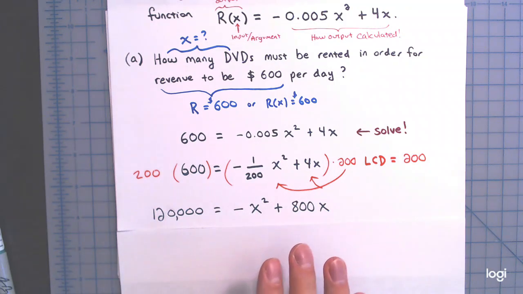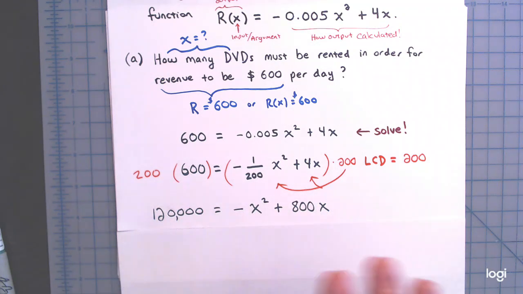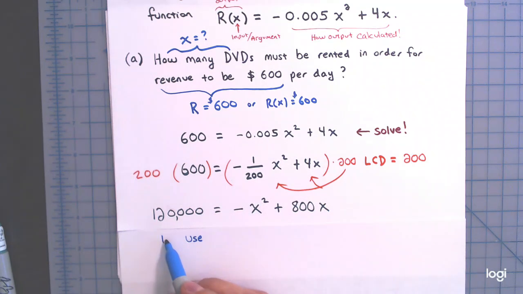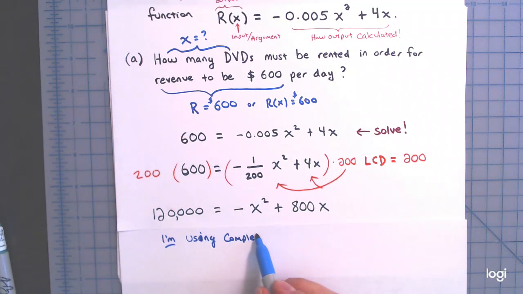You can put it in standard form, get everything to one side, and then solve it with the quadratic formula or by factoring. There's other ways to solve, but I'm going to solve by completing the square. You choose whatever you want.